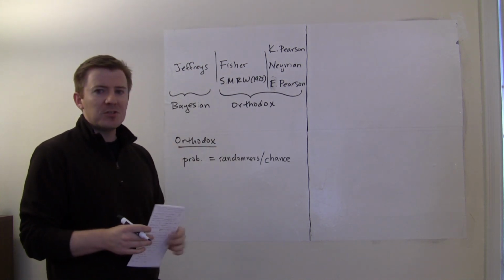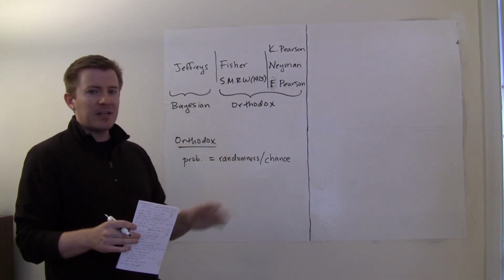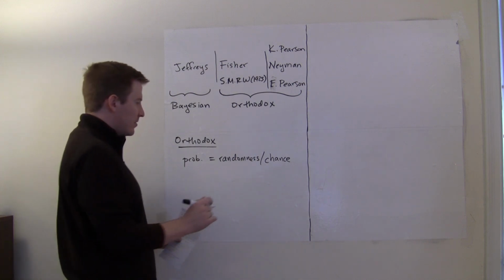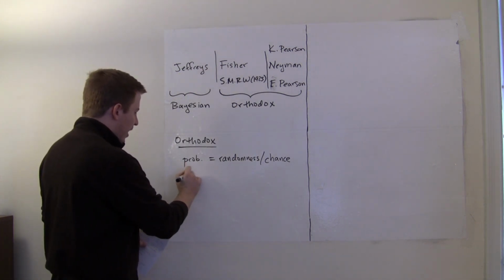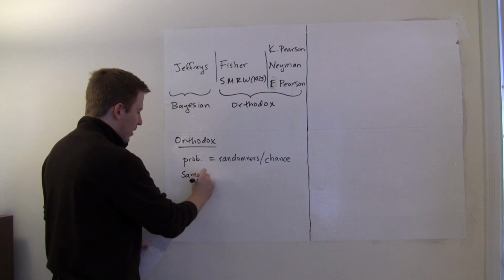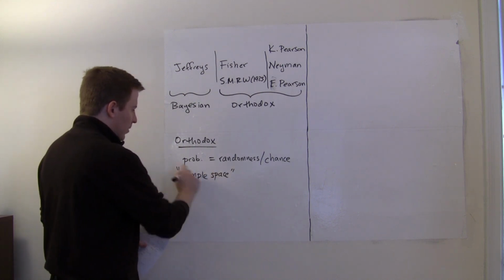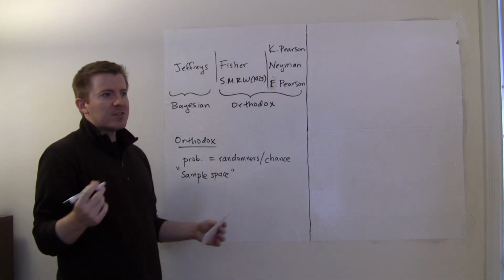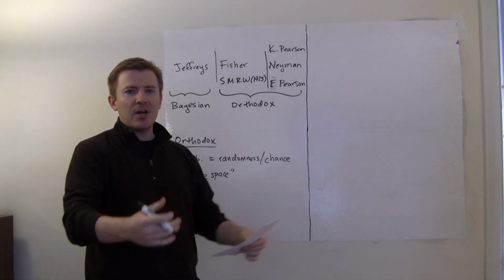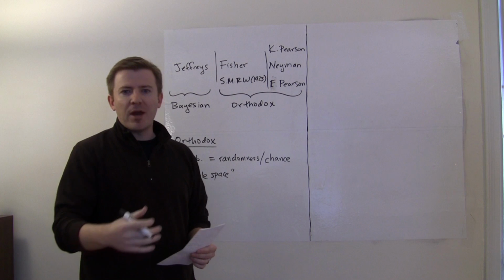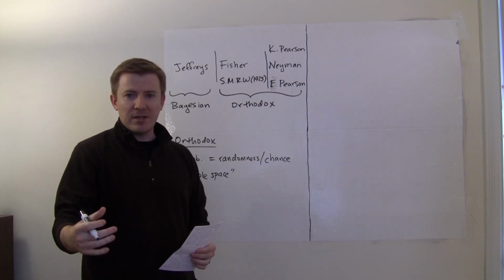The way that this will usually get played out in any standard presentation of statistics is it will first define what we think of as the sample space, which is the universe of all possible outcomes of whatever phenomenon or experiment we are conducting.